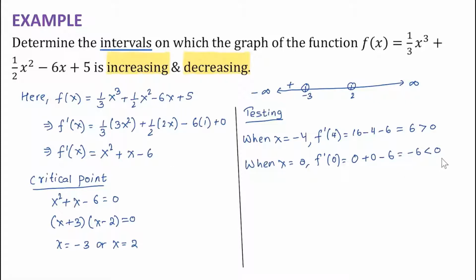Negative 6 means less than 0, so your first derivative is negative. Meaning in that interval, the function is decreasing.